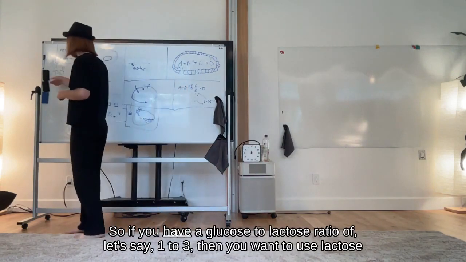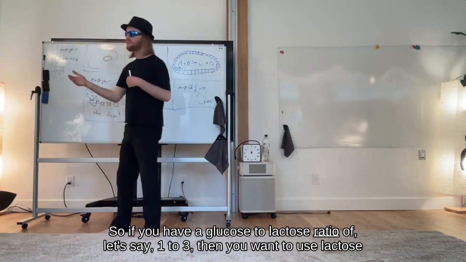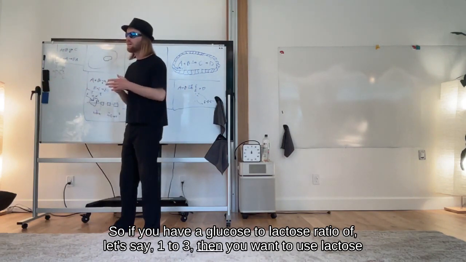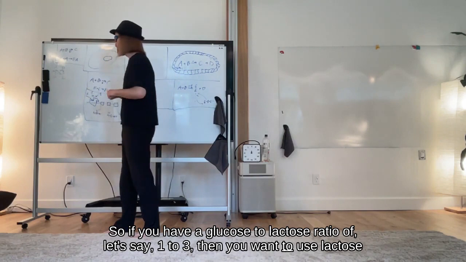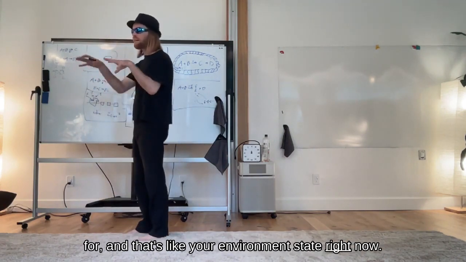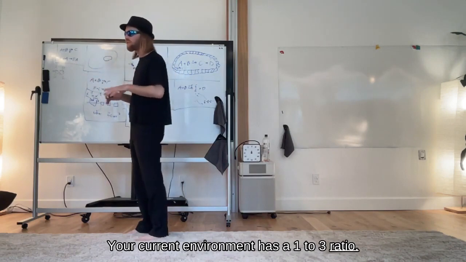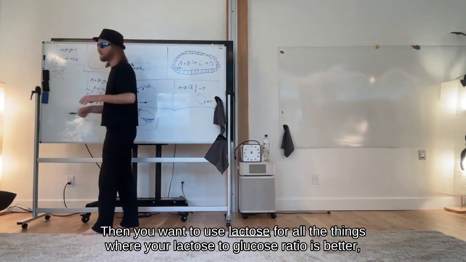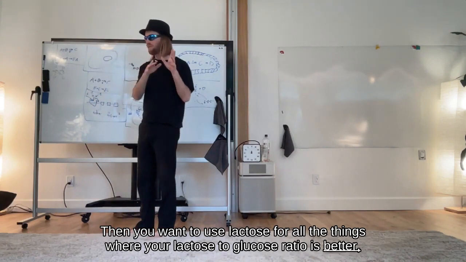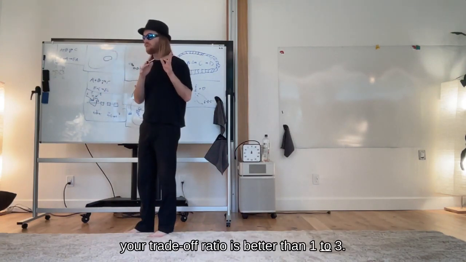So if you have a glucose to lactose ratio of, let's say, 1 to 3, and that's your environment state right now, then you want to use lactose for all the things where your lactose to glucose trade-off ratio is better than 1 to 3.